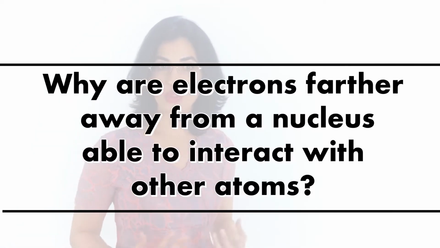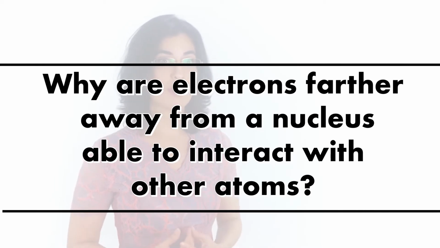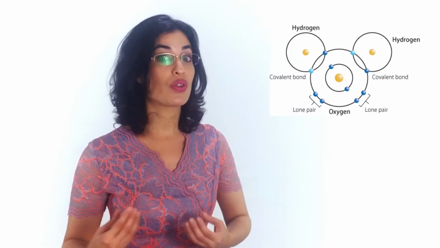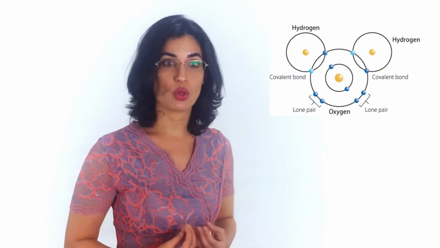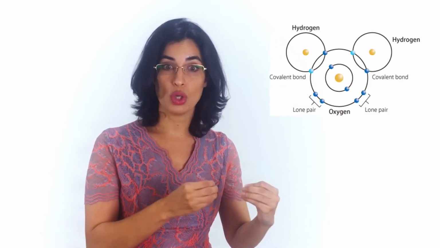Why are electrons farther away from the nucleus able to interact with other atoms? They have a weak attraction to the nucleus, so they are able to interact with other atoms. Imagine 2 magnets. The closer they are together, the stronger the attraction to the opposite ends. The negative charge of electrons has a similar attraction to the positive charge of the nucleus.